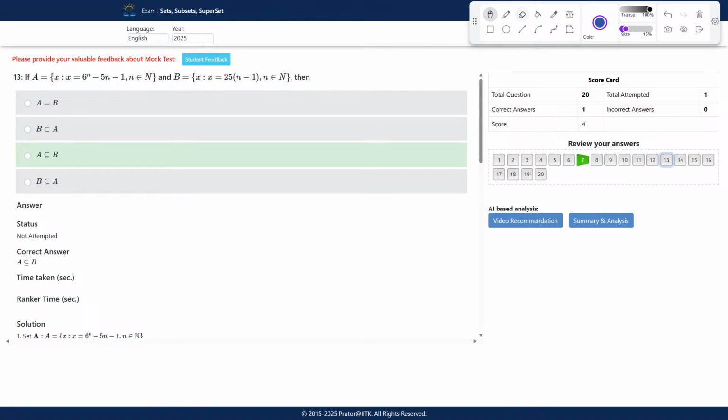Please try. Very simple. Just write the first 4 to 5 elements. I think 4 would be enough. Just write the first 4 elements of both the sets. You will get the idea which one is the superset and which one is the subset.